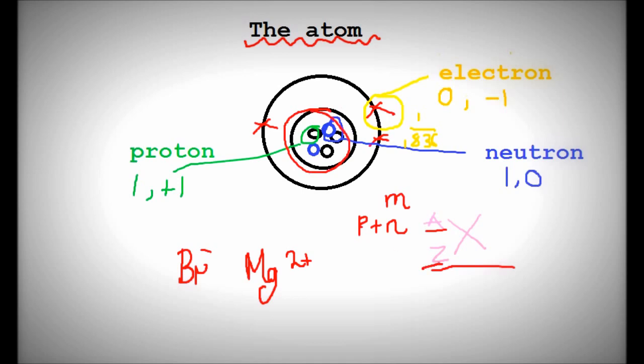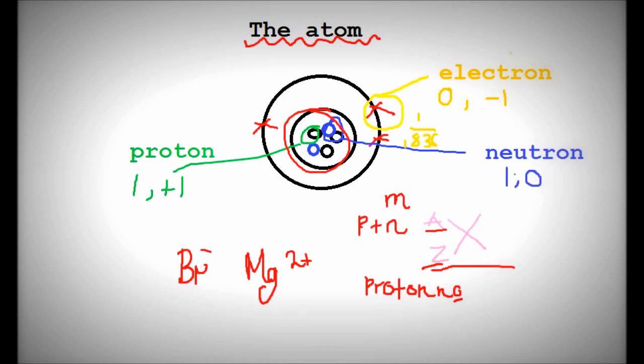And Z stands for the atomic number, or we can call it the proton number. This is the number of protons in the nucleus, which identifies the element as being that element.